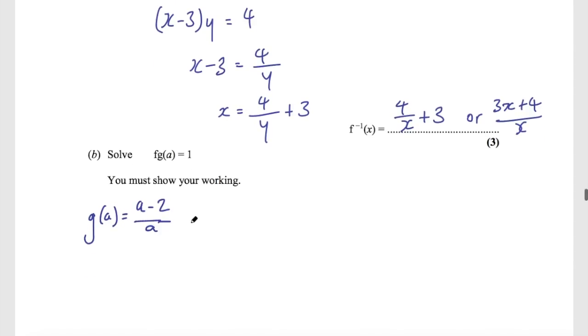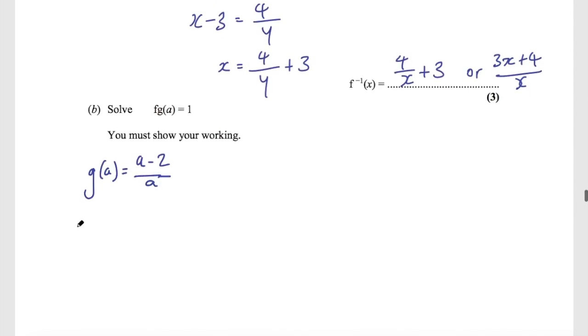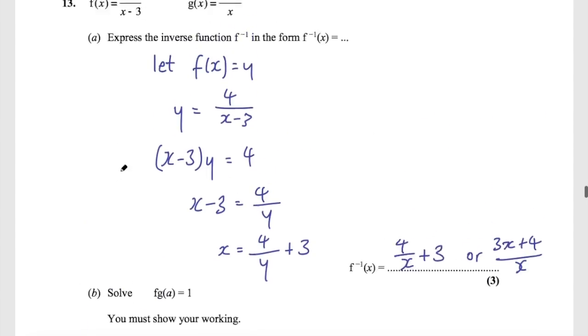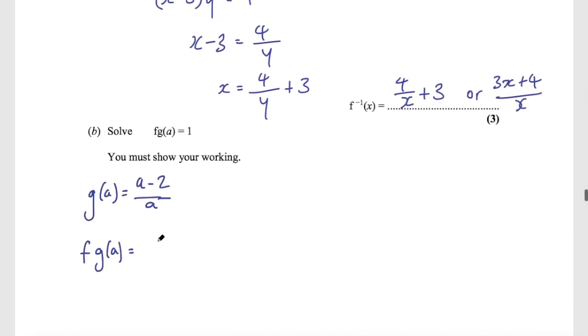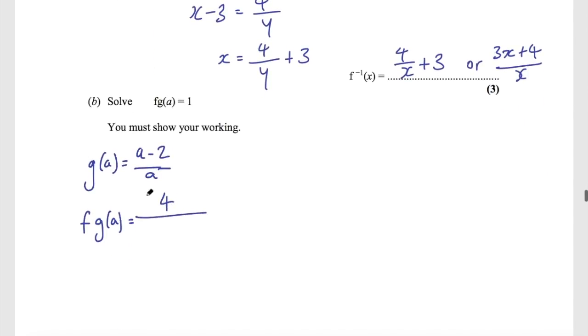All right, and so now we can say that f of g of a, we need to take this expression and put it into f of x, where the x is. So this is going to be 4 divided by all of this, a minus 2 on a, minus 3.